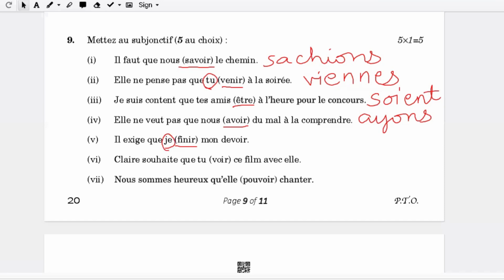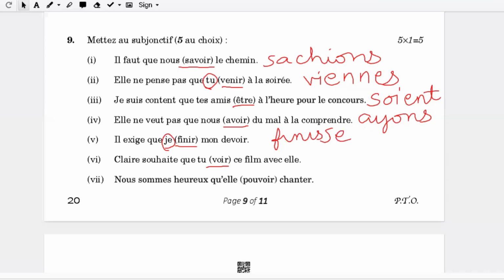No. So straight away, third person plural rule, apply it. Cut out ENT, and add E.